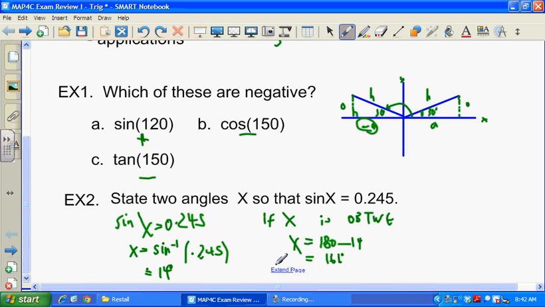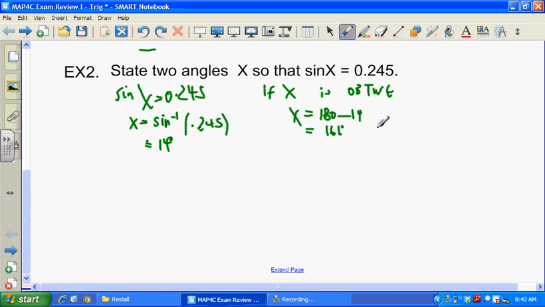That we have these two possible angles, 14 and 166, and we just get one from our calculator, normal style, from grade 10, and the second one by subtracting it from 180, knowing that there are two angles where the sine is positive. Would we ever have to do this if it was cosine? No, we don't have to do that.